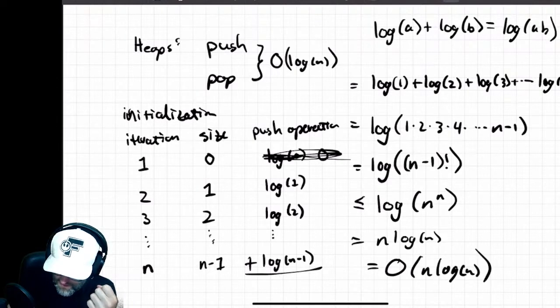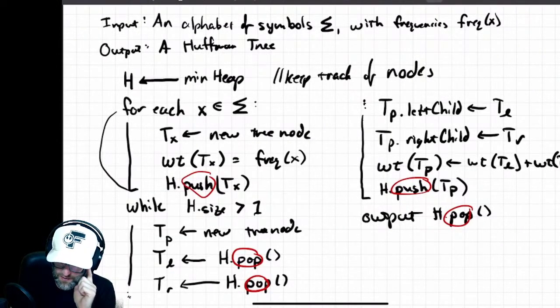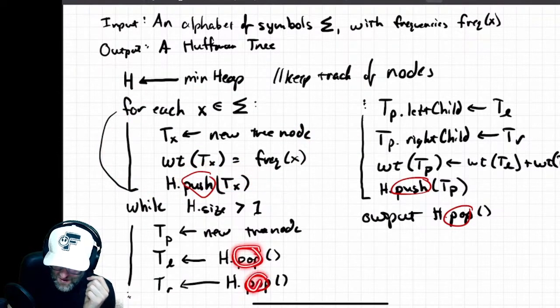Just as good as sorting, just as good as heap sort when you're using a heap to sort stuff. You're putting stuff in, you're taking stuff out. That's exactly what we're doing here, and that's why I only focused on the initialization. We put in n items, we take out n items.